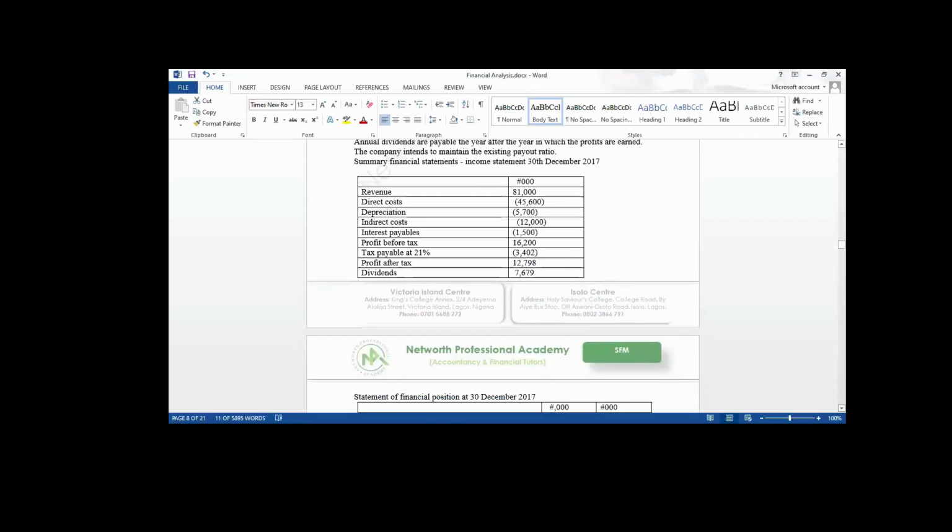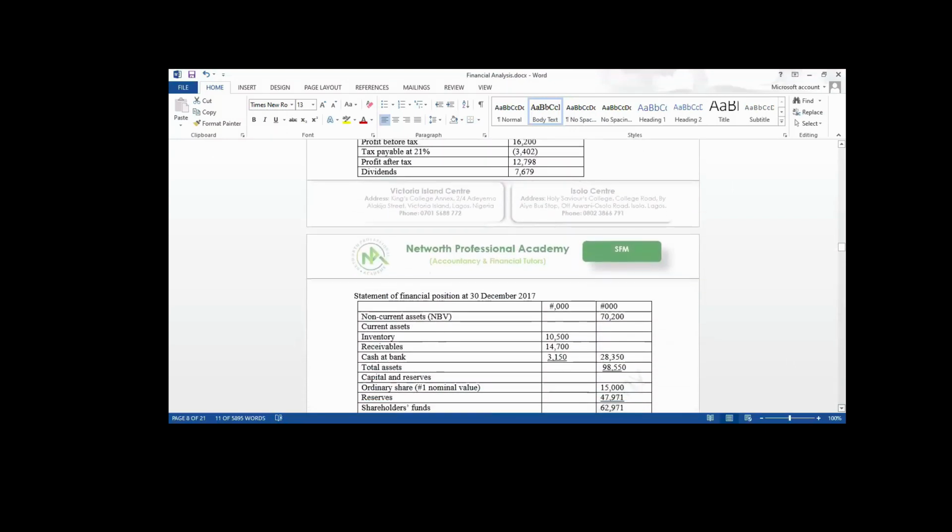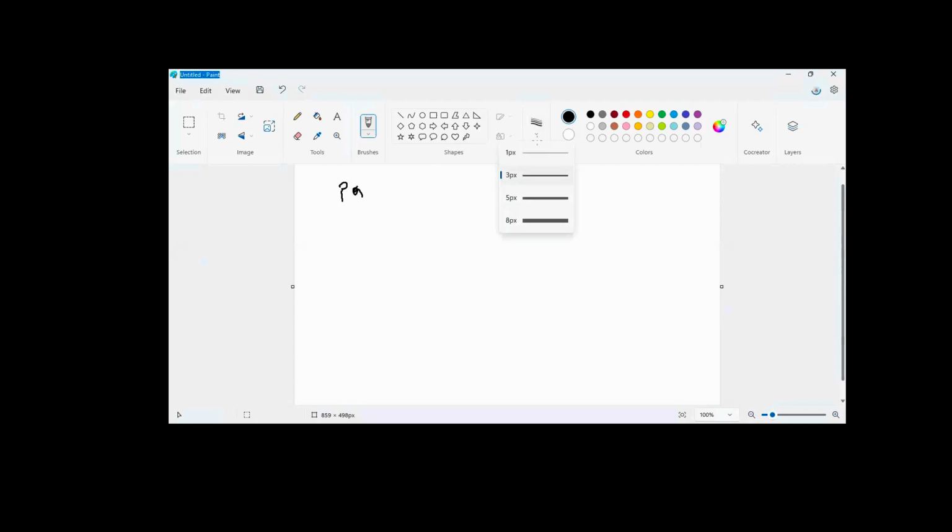Now check 2017. Payables over direct costs, multiplied by 100.